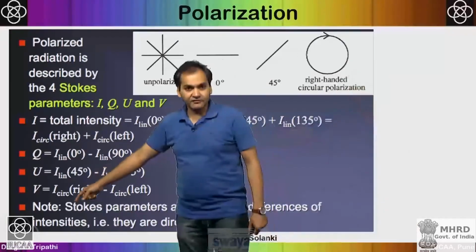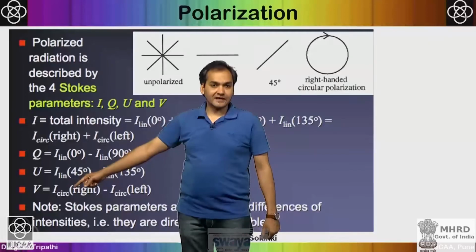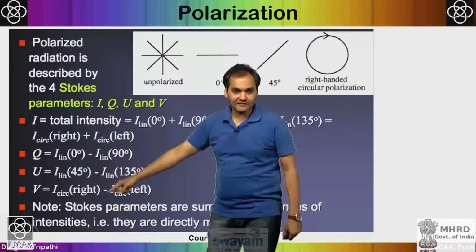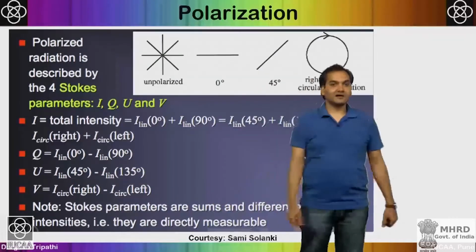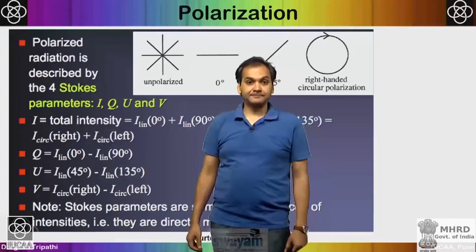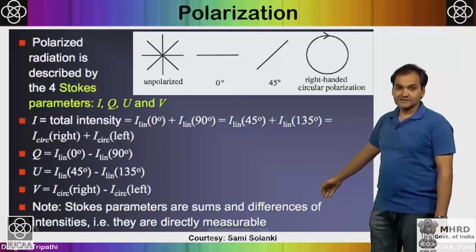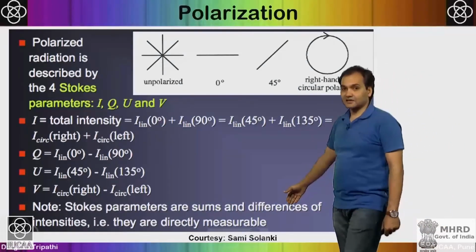So, your V profile here is measuring right-handed circular polarization and left-handed circular polarization, and that represents essentially the line of sight field. Now, the Stokes parameters are sums and differences of intensities, that is, they are directly measurable.